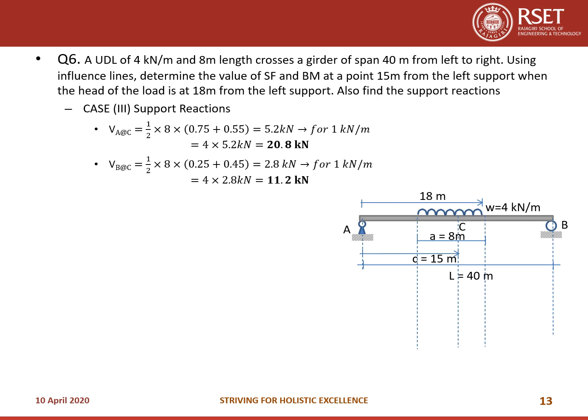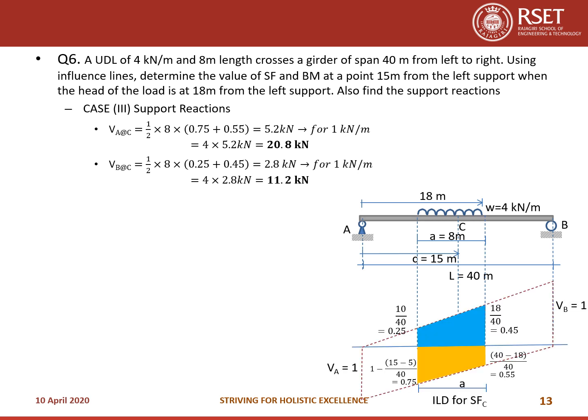And you're asked to get the support reactions also when the load is here, right? To get the support reaction, for VB it is the upper triangle and for VA it is the lower triangle, and you will get the value of VB as the blue shaded portion, and the value of VA will be the yellow shaded portion. So what is VA when the load is at C? It is half into base.